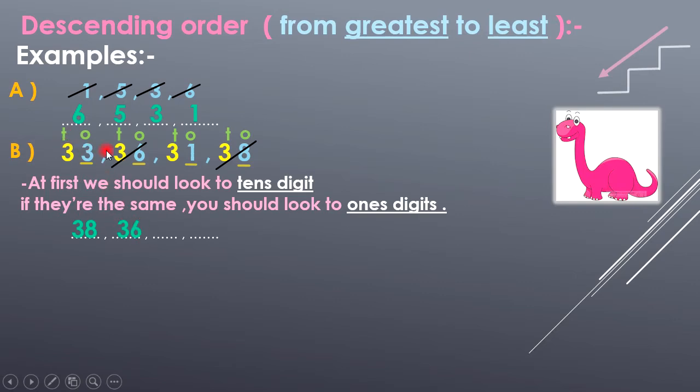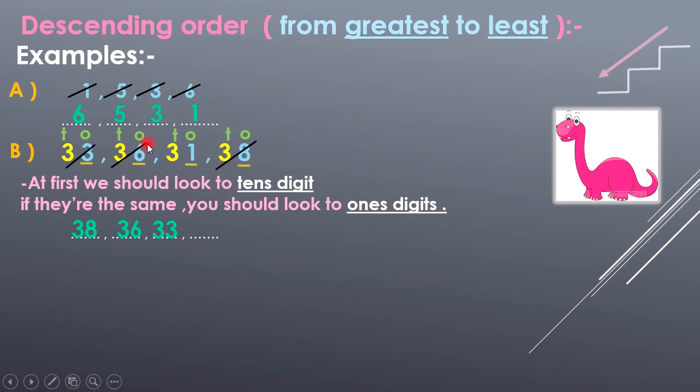Now I have 33 and 31. Here I have 3 in the ones digit and here 1 in the ones digit. Which one is the biggest? Yes, 33. So I cross 33 and put 33 here.